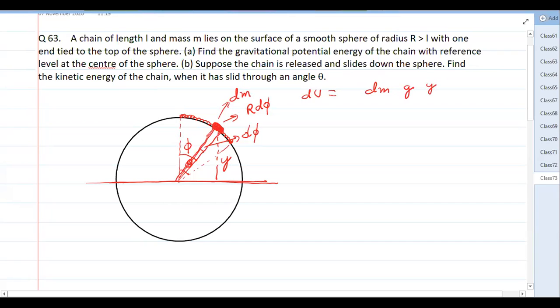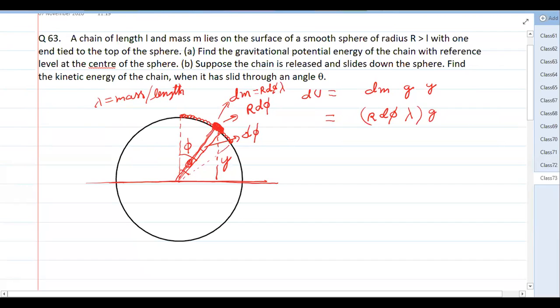Now what is dm? dm will be equal to the length, r d phi, into lambda, where lambda is mass per unit length. R d phi is the length of this part. So r d phi into lambda into g into y.